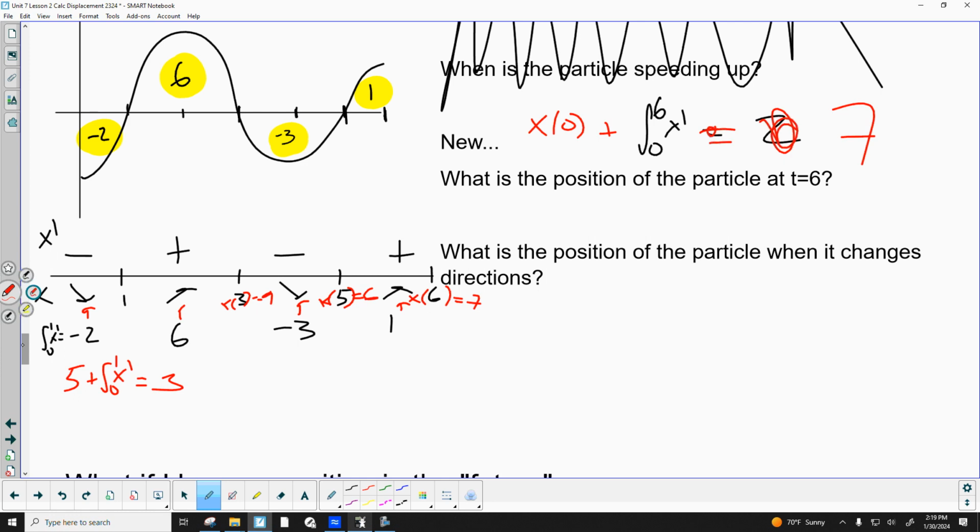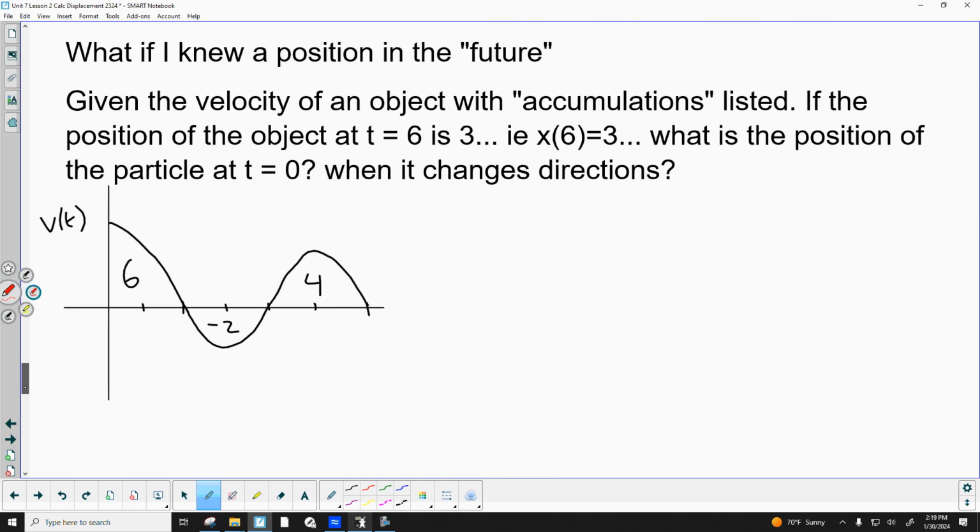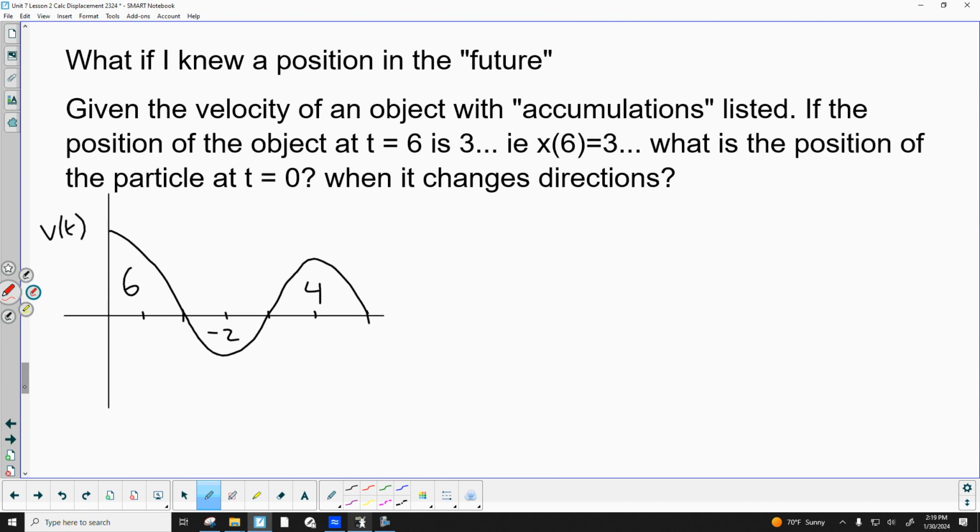So x of 1 is 3, 9, 6, 7. Those are all the times. 3, 9, 6. You have to be like x of 3 equals this, x of 9, or x of 1 equals this, x of 3 equals this.